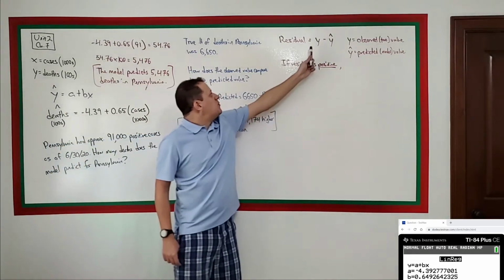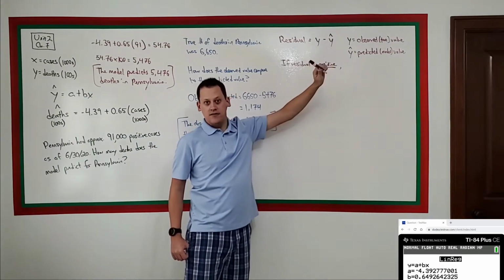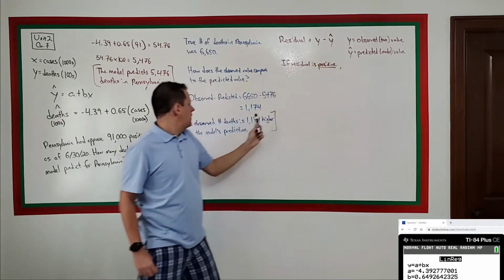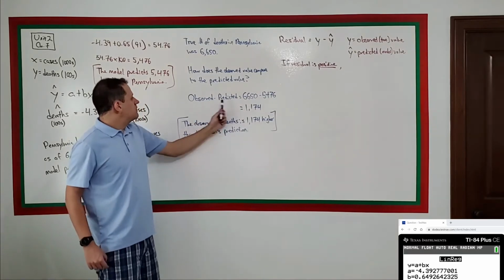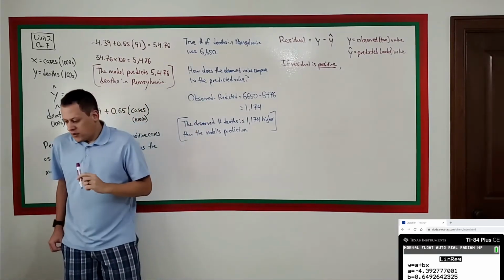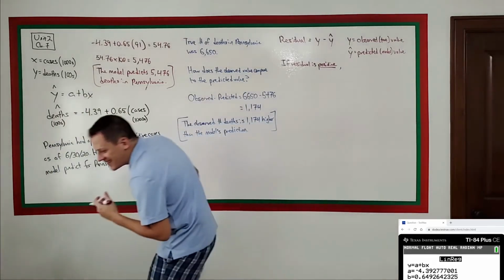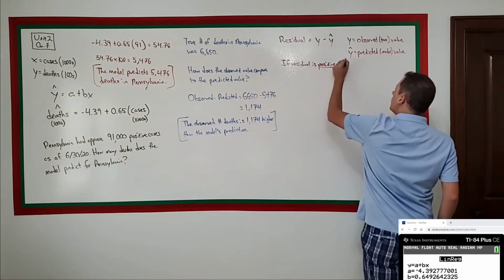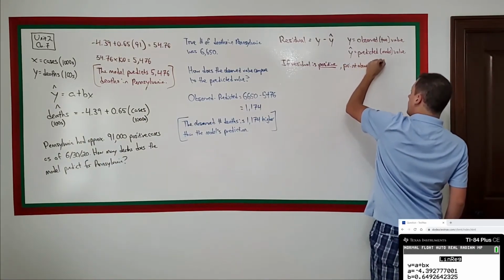Well, it means that y is greater than y hat, right? That's the only way for this to be a positive difference. That's what happened here. It means that the observed is greater than the predicted value. So that means that the point is above the line, if we think of the scatter plot.